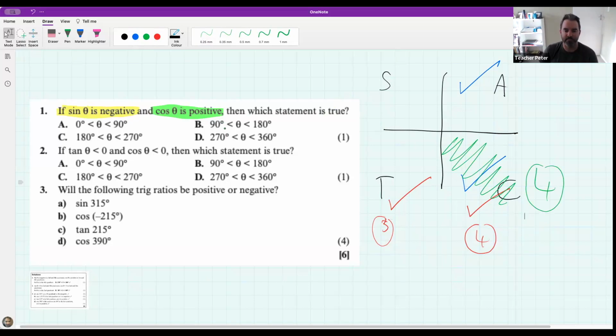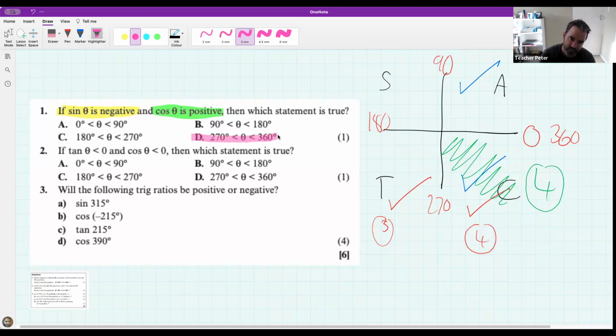Is it going to be A, B, C, or D? Which one do you think matches quadrant number 4? Now remember, it's 0, 90, 180, 270, 360. So if you are in this quadrant, you have to be greater than 270 and less than 360. So you must be D.